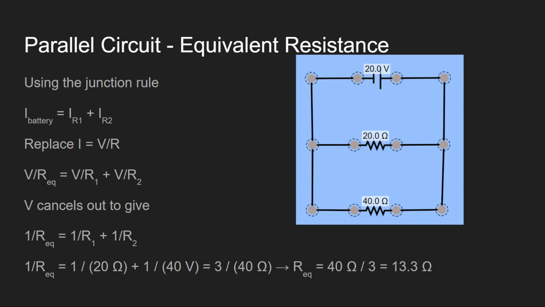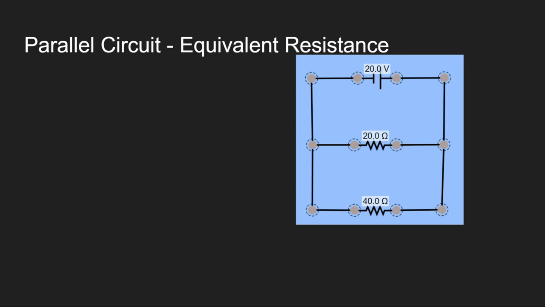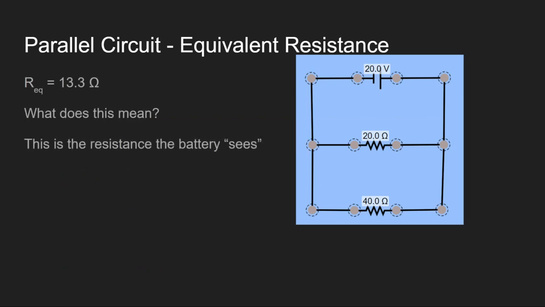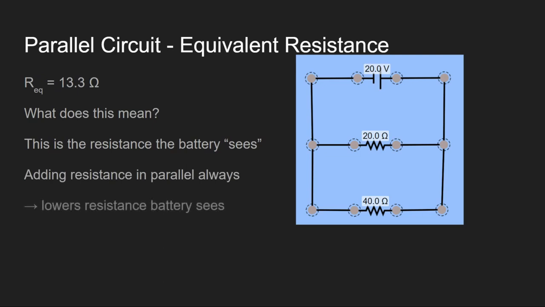So notice that number is lower than either of the two numbers because electrons have more ways they can go. And so the resistance that the battery sees is always going to be less because there are more paths for it to take.